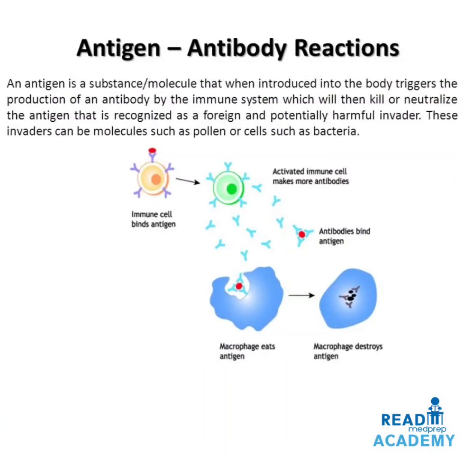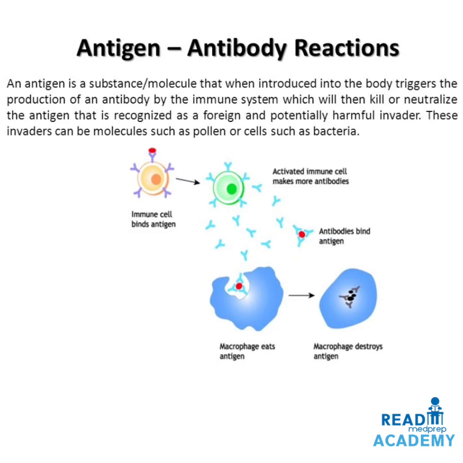Here you can see in this image, an antigen is a substance or molecule that, when introduced into the body, triggers the production of an antibody by the immune system, which will then kill or neutralize the antigen that is recognized as a foreign and potentially harmful invader. These invaders can be molecules such as pollen, or cells, or bacteria, or viruses.